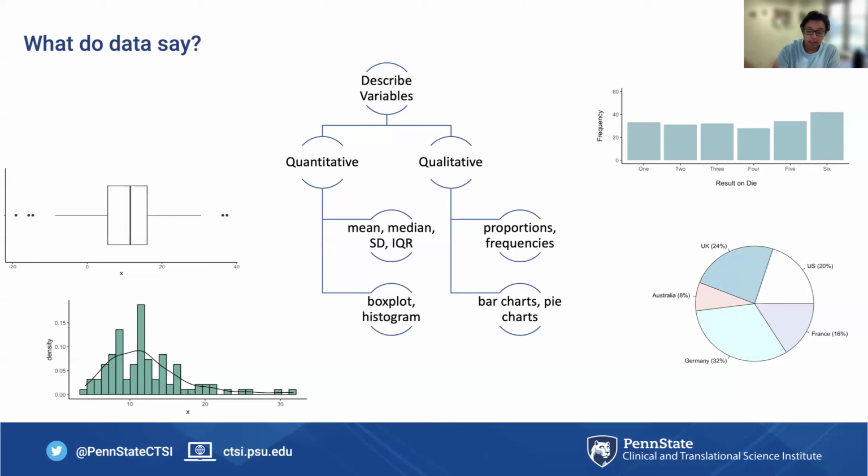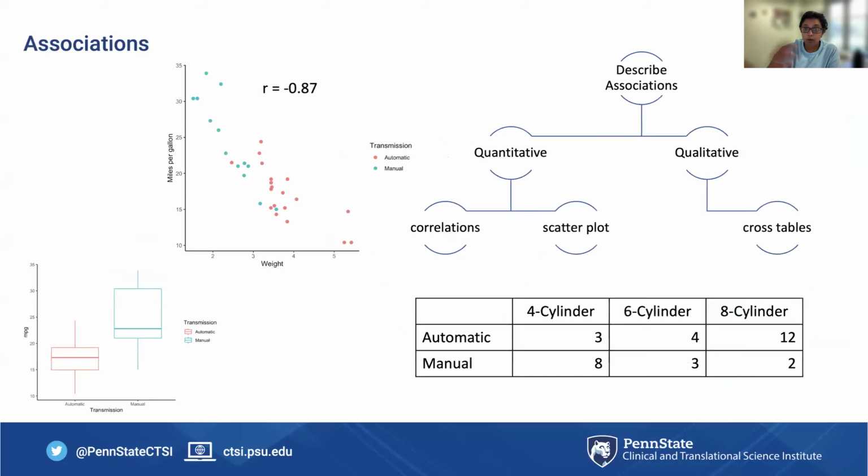And if you have, let's say, two variables and you're interested in associations between them, say that you have two numeric variables, then a scatter plot might be a good way to look at the association between the two quantitative variables. And the number that you can use is the correlation.